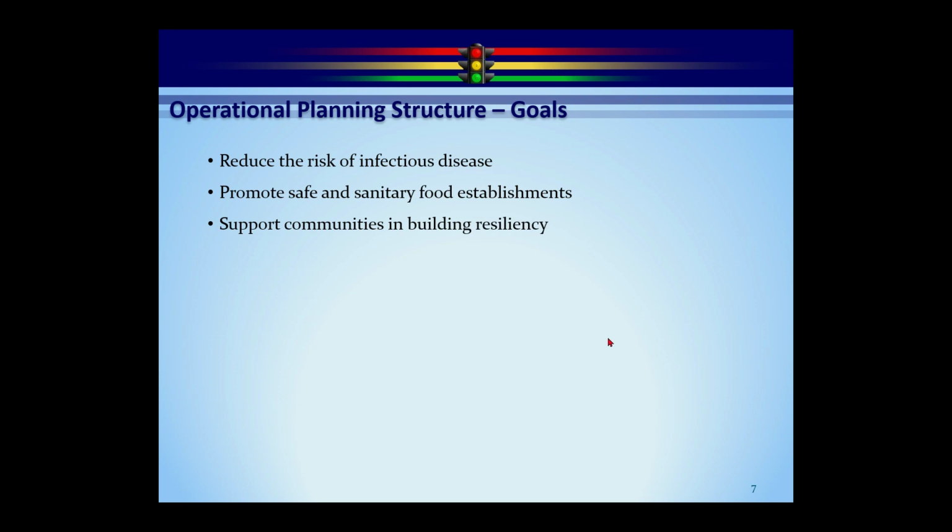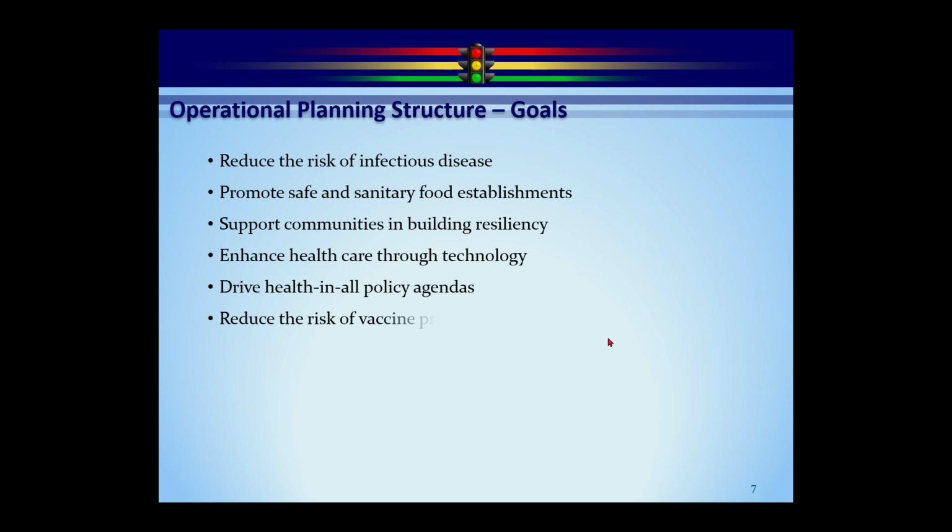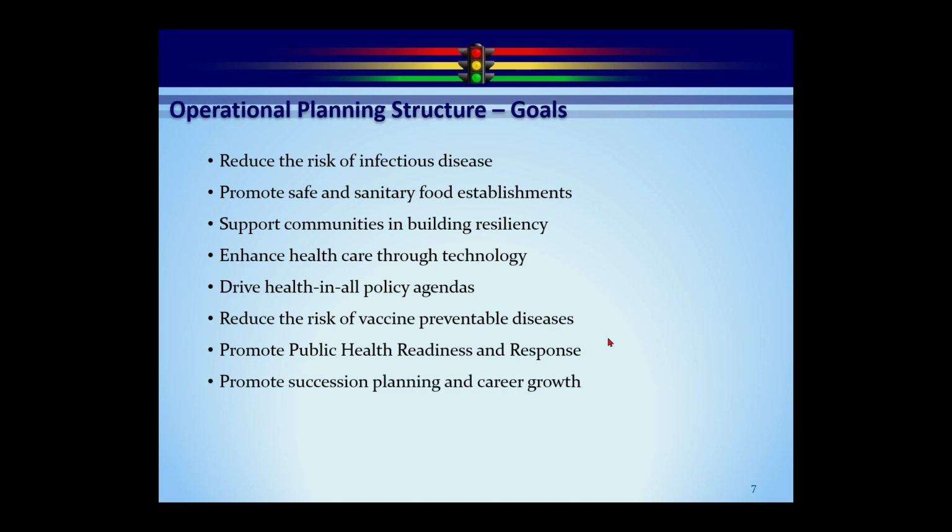Support communities in building resiliency. Enhance healthcare through technology. Drive health in all policy agendas. Reduce the risk of vaccine preventable diseases. Promote public health readiness and response. Promote succession planning and career growth. Integrate a data-driven best practices approach.